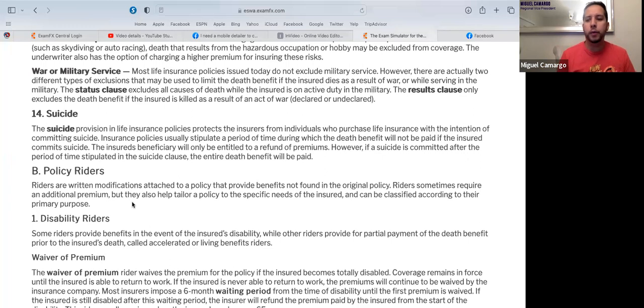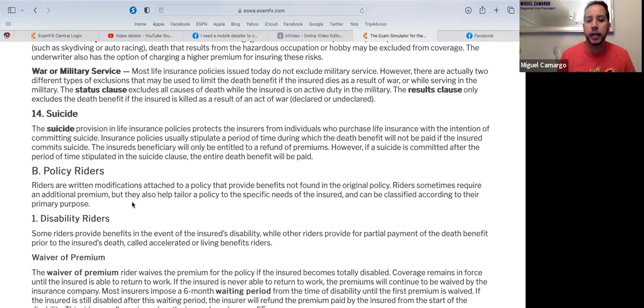Let's talk about suicide. When you put suicide, I want you to write the words 2 years. Kind of back to that incontestability period. If someone, God forbid, commits suicide within the first 2 years of purchasing their policy, the family won't get the money. So after 2 years, it doesn't matter what happened, the family's going to get the money.